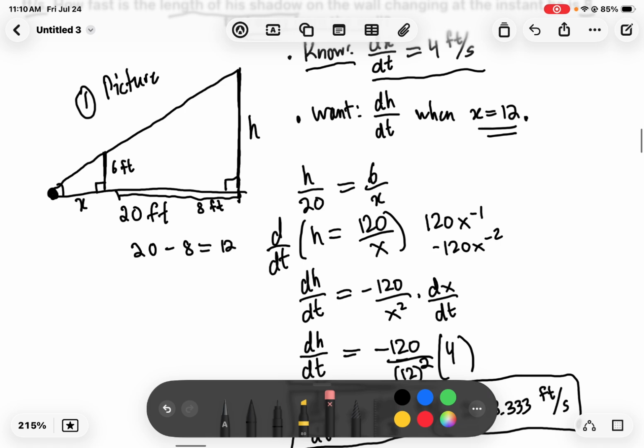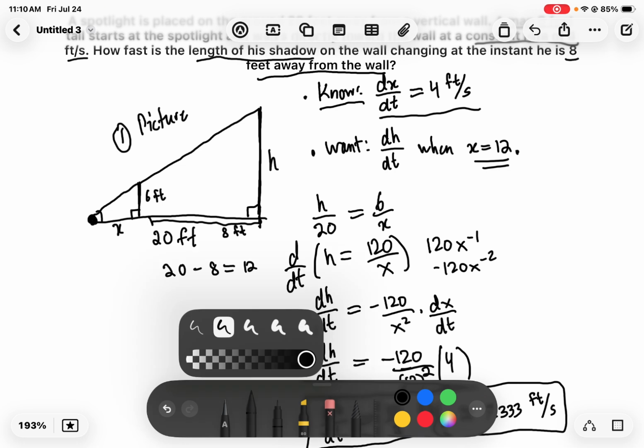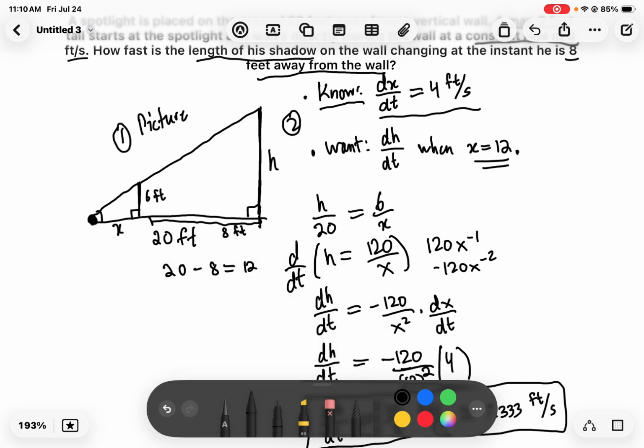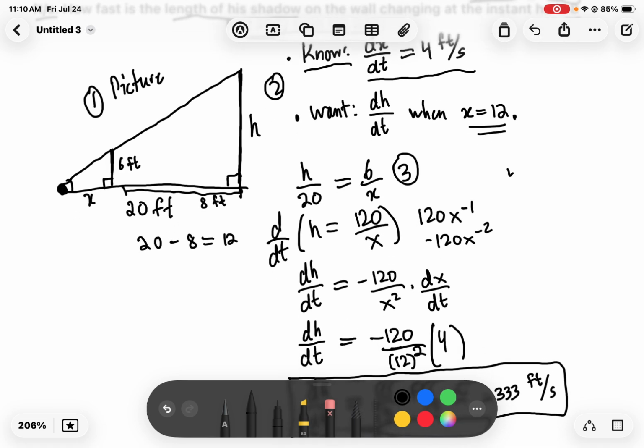And then after that, you can write an equation. So this is step 1, drawing the picture, step 2, writing what you know and want, and then step 3, writing an equation to relate all the variables together. And then sometimes you have an intermediate step 4, which is trying to get rid of some of the variables, as we saw in the previous example where you wrote r as a function of h.